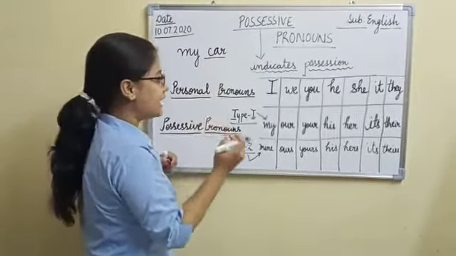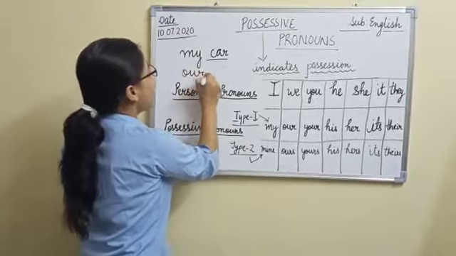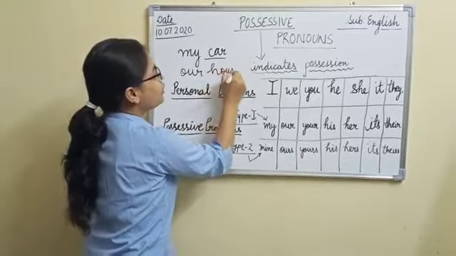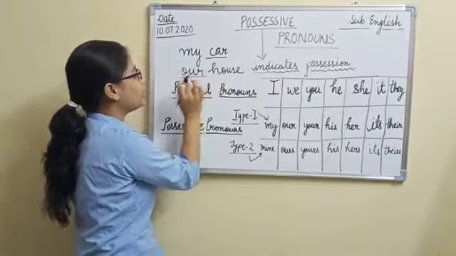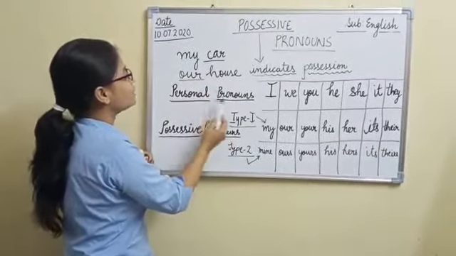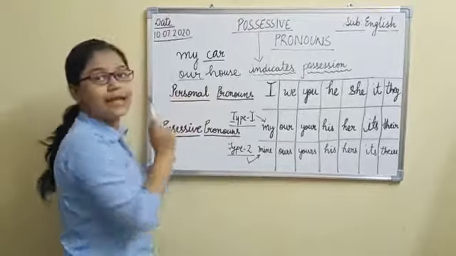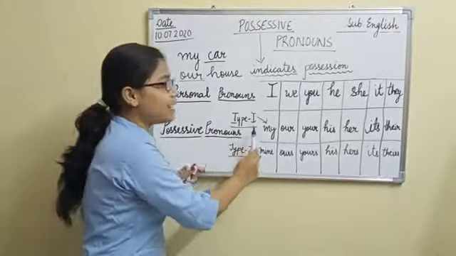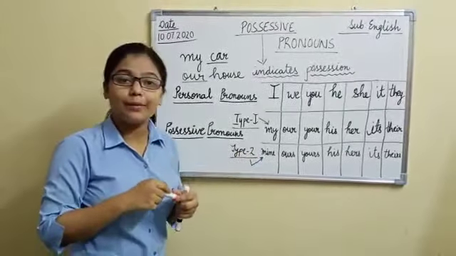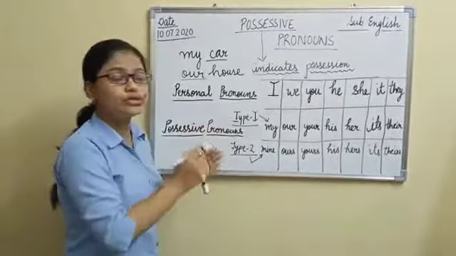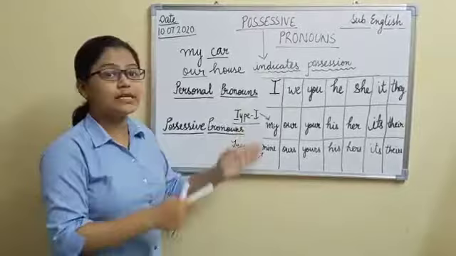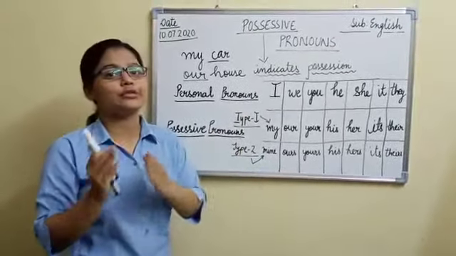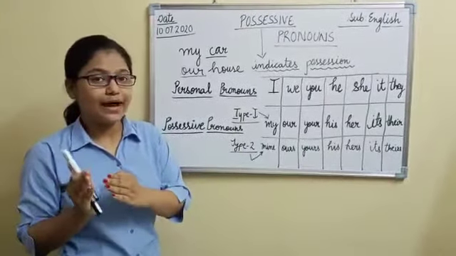If I say our house, this is the noun, and I am using the first type of possessive pronoun before this noun. So the first type of possessive pronouns are basically possessive determiners or possessive adjectives, right?